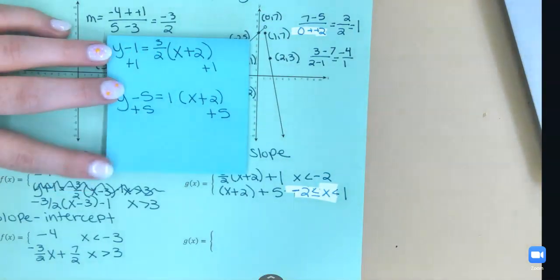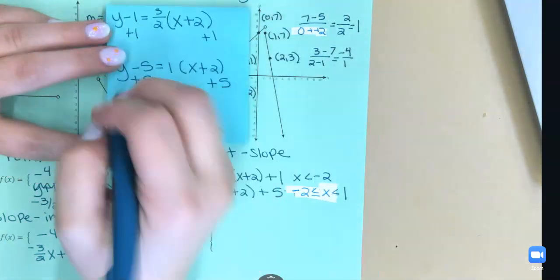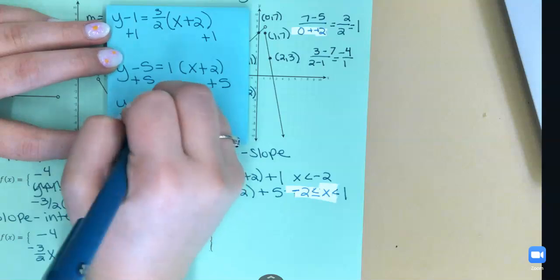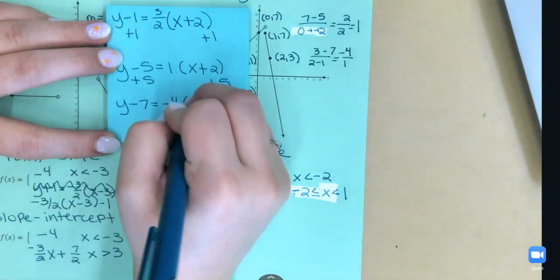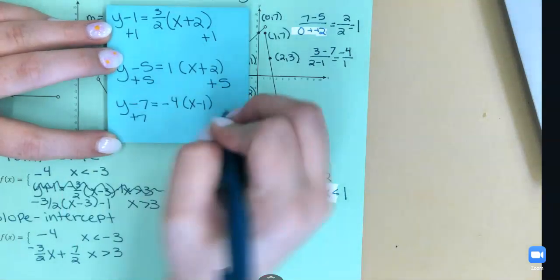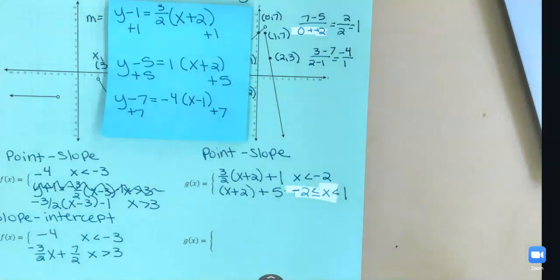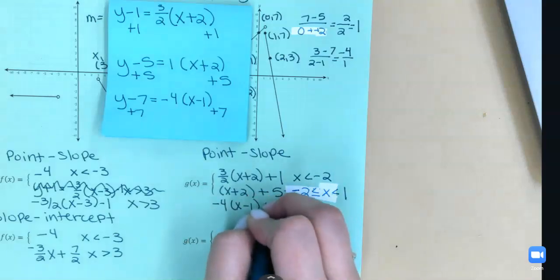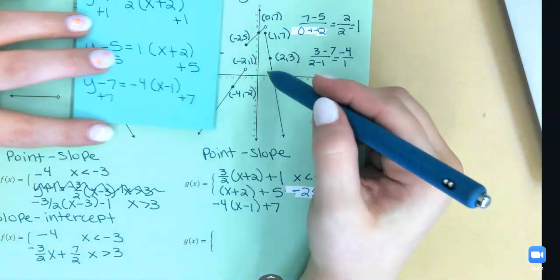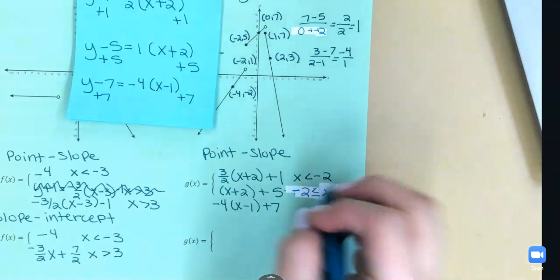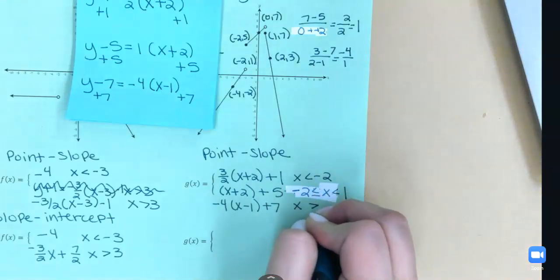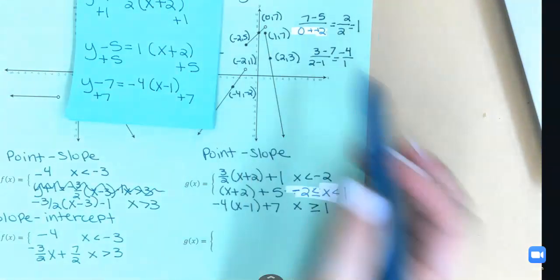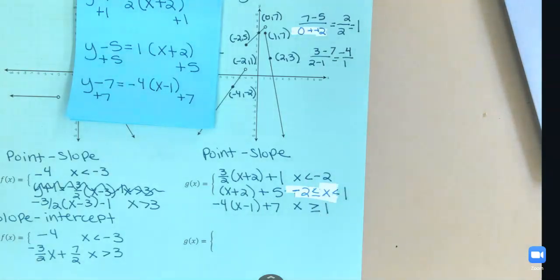So for my point slope form, I'm just going to again use that first point, y minus 7 equals negative 4 times x minus 1. I need to move the 7 over. So negative 4 times x minus 1 plus 7. And that is for all x values greater than or equal to 1. Again, I have a closed circle there, so I am going to underline my inequality.